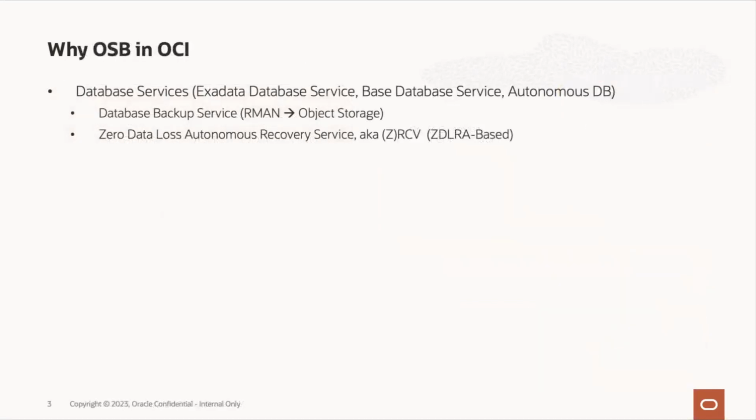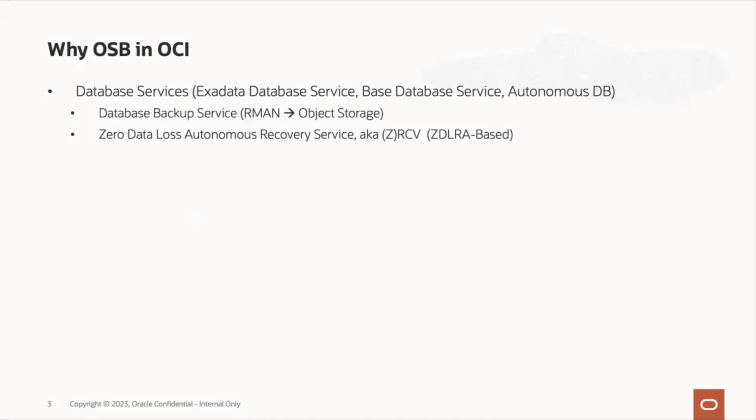So why OSB in OCI? In OCI we provide very good integration, automation, etc. to protect the Oracle database services. The base database service, the Exadata database service, and autonomous databases all have their own automation to protect the database data. It's based on RMAN and object storage. It's been like that since the beginning.